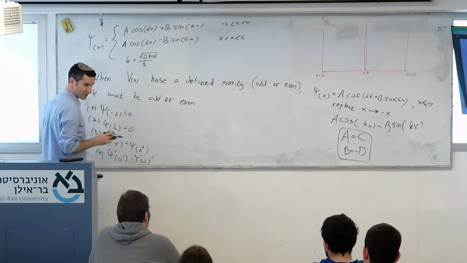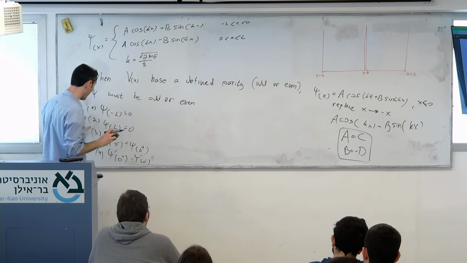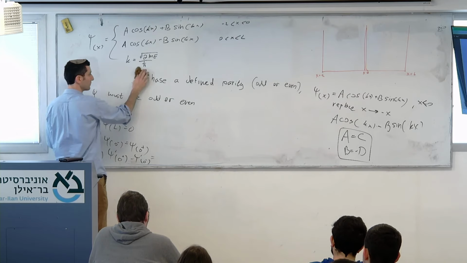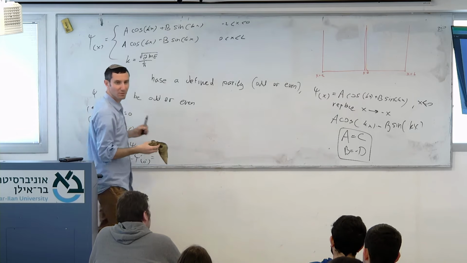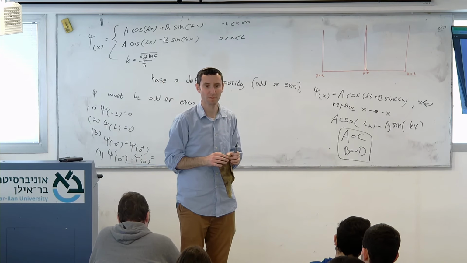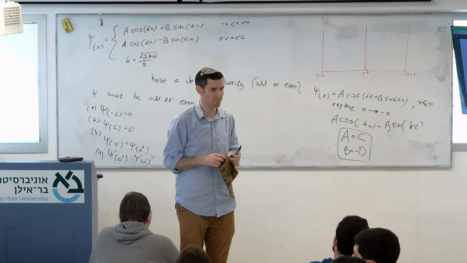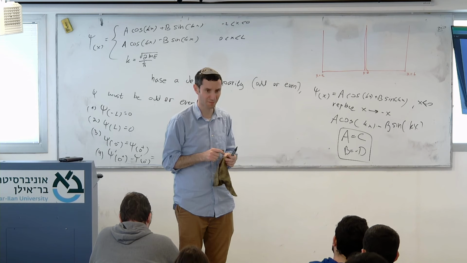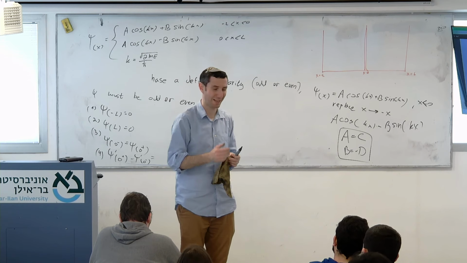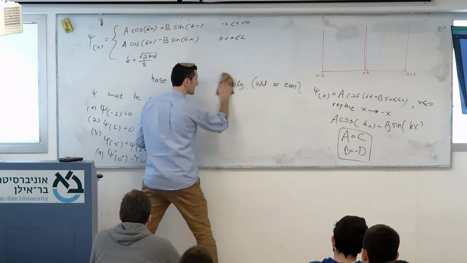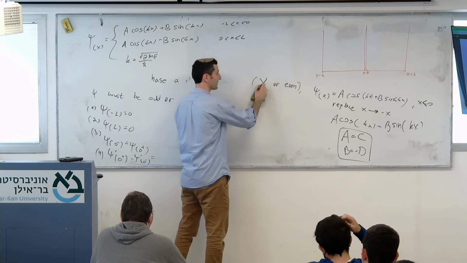Now let's make sure all these conditions are kept. It didn't use even one of them, right? What if V of x is an odd function, does the wave function have a parity? I think so, I might be wrong. I'm not sure because I only proved that when V of x is even.